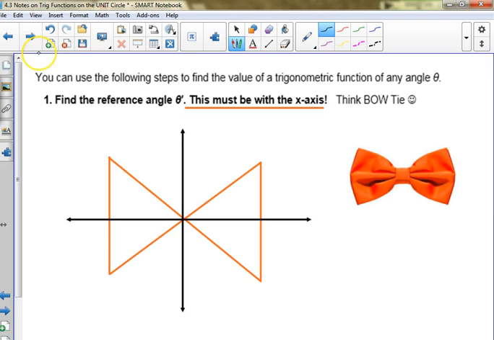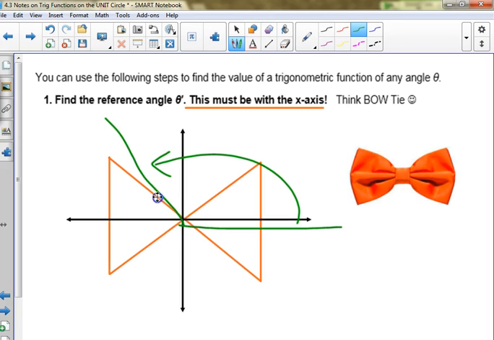All right, here's my little bow tie for you. The reference angle, anytime you tell me I'm going to start measuring here and I'm going to stop measuring over here, okay? Anytime you do that, the reference angle is the angle to the nearest x-axis, not the y-axis, okay? So it's either to 0 or 180, right?